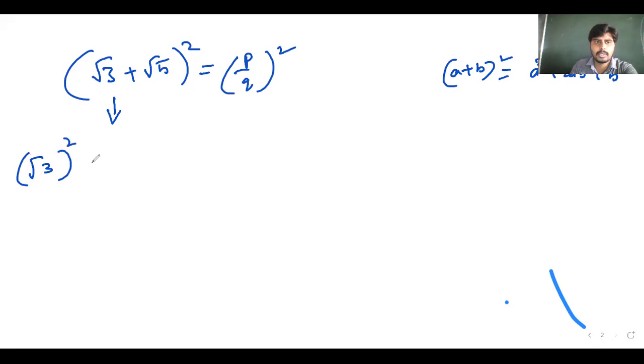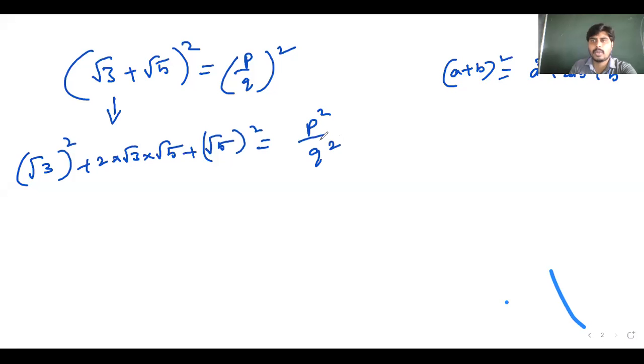Root 3 whole square plus 2 into root 3 into root 5 plus root 5 whole square is equal to p square by q square. Okay, and the square root gets cancelled.